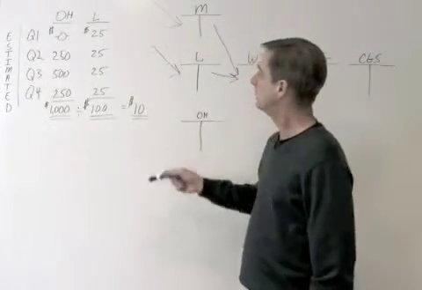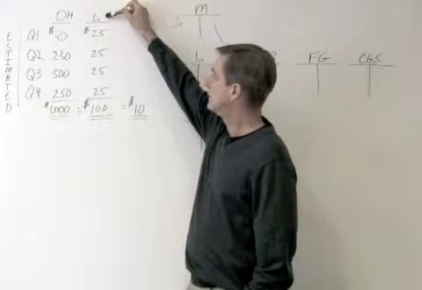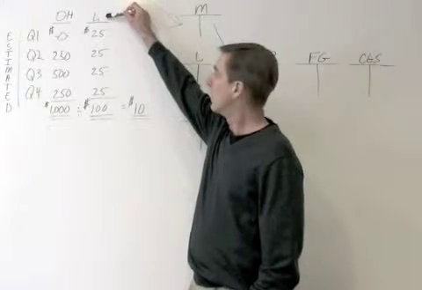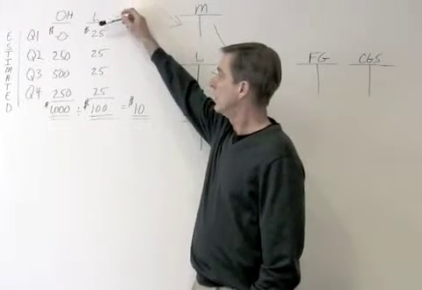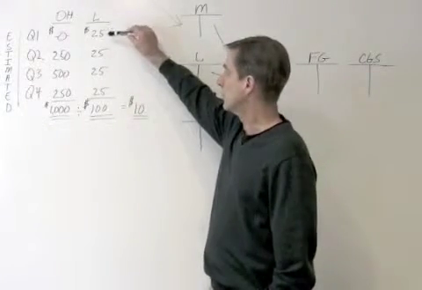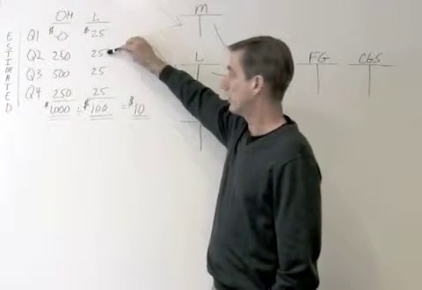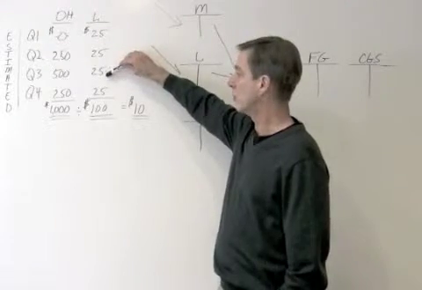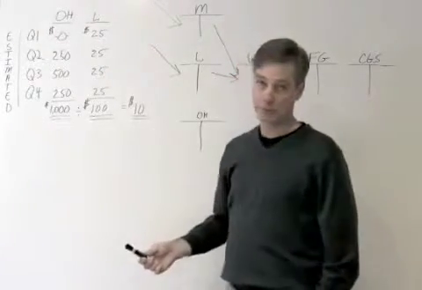And so here, in this example, I've listed direct labor costs, and I'm estimating that the direct labor costs are going to be $25 during quarter one, $25 during quarter two, $25 during quarter three, and $25 during quarter four.